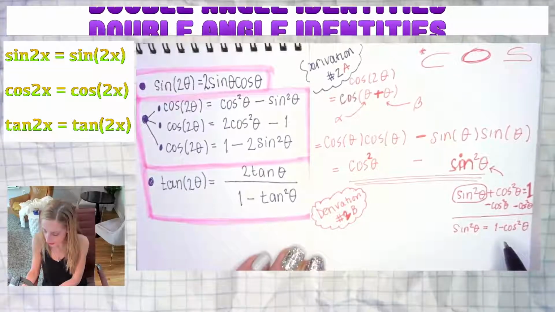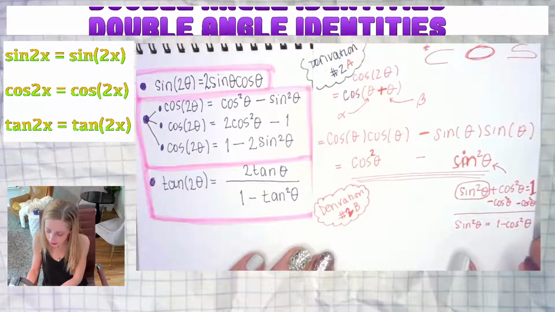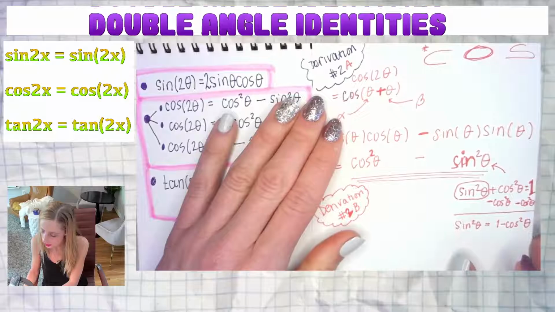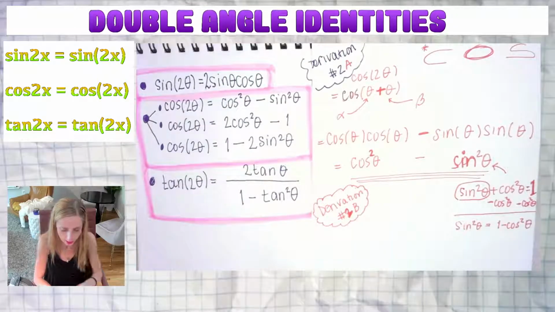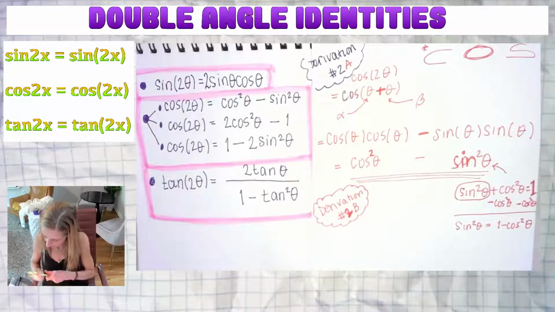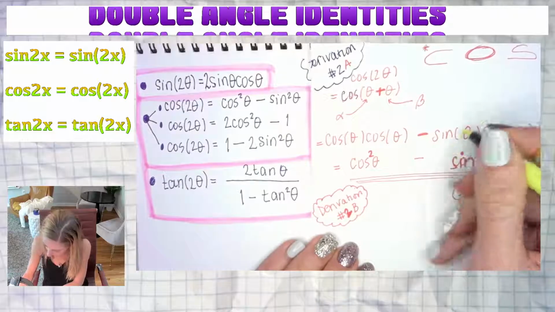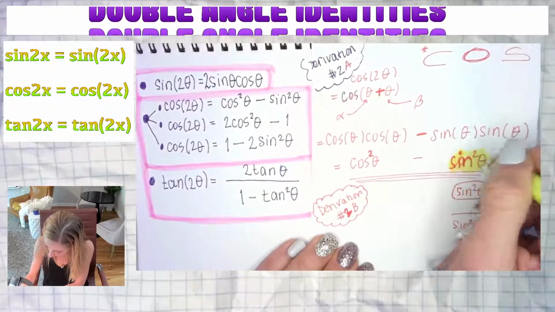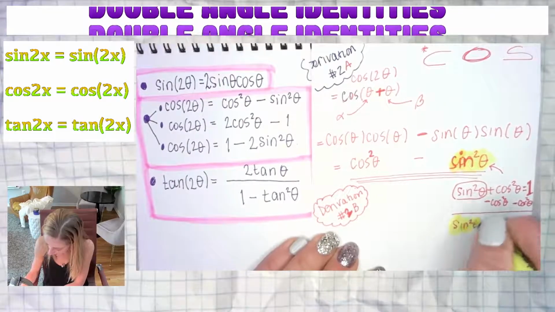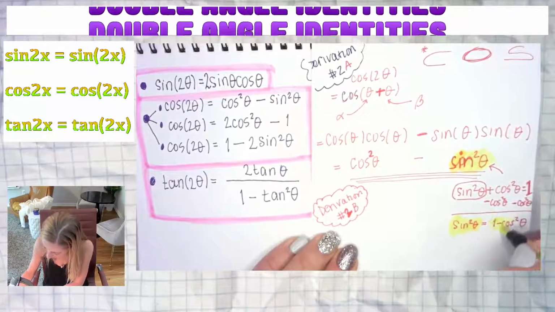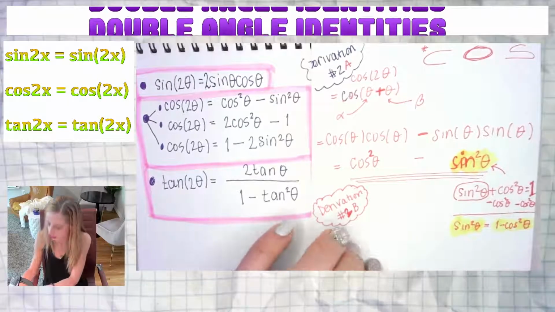Okay, now we're going to substitute that in for the sine squared theta in my previous step. So right over here, sine squared theta, and then here sine squared theta is allegedly equal to 1 minus cosine squared theta.